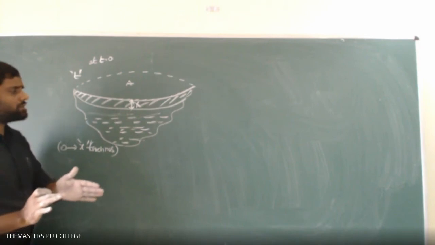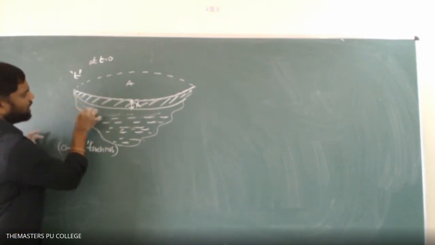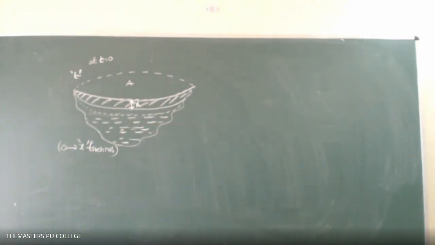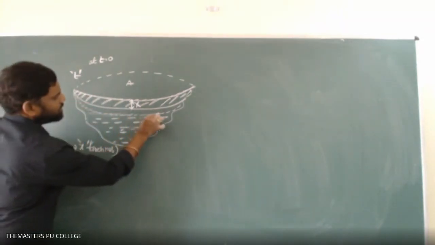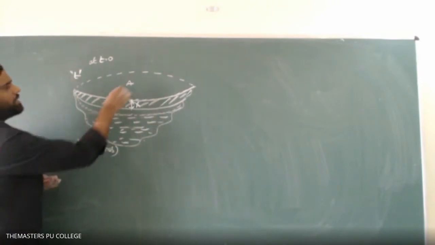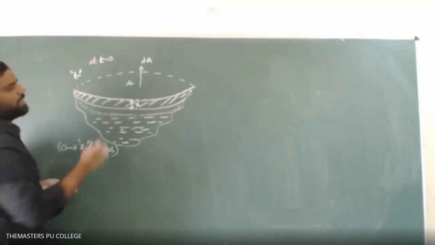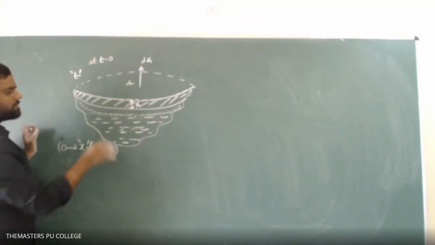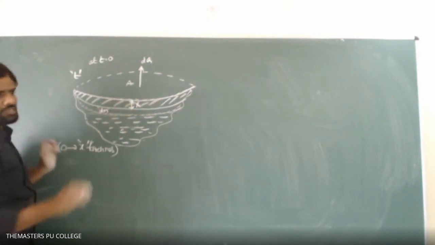Observe clearly. At this instant, let dQ amount of heat escape through this ice layer. When dQ amount of heat escapes, dm amount of water is frozen into ice.